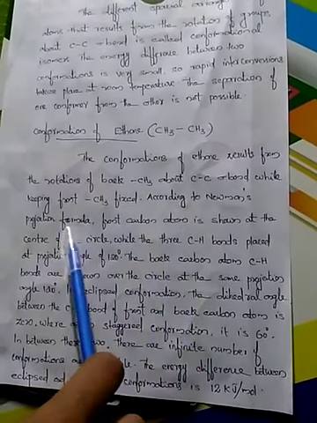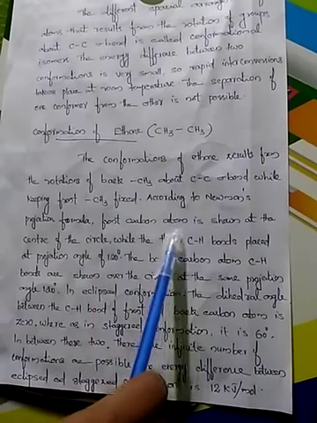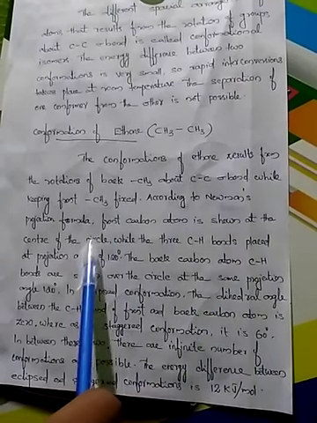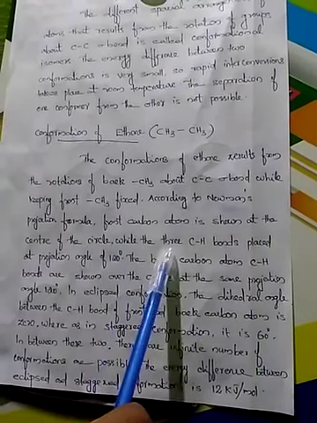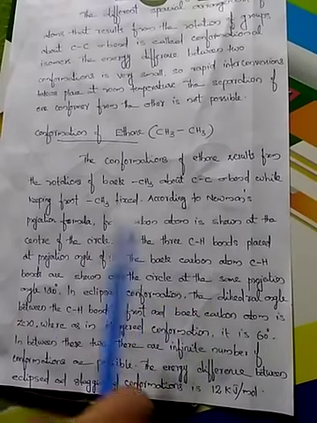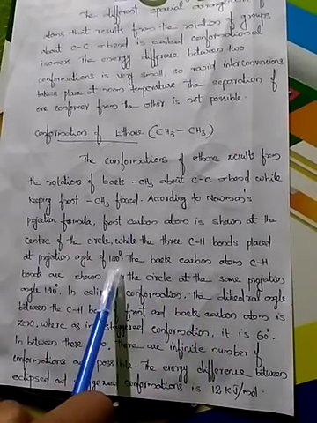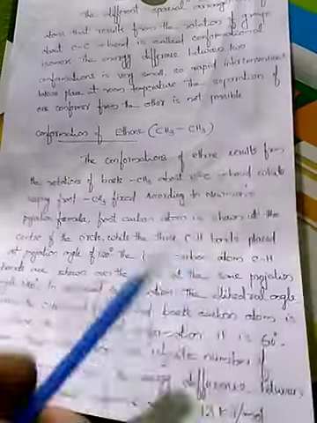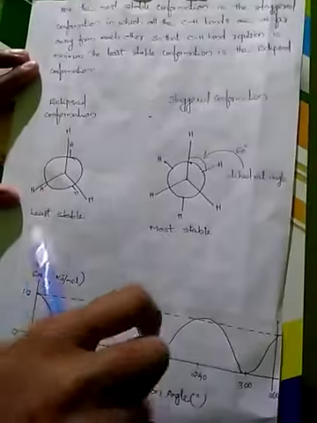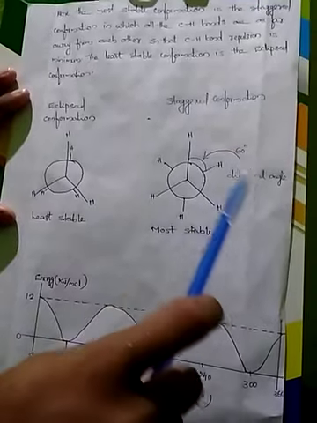According to the Newman projection formula, the front carbon atom is shown at the center of the circle, while the 3 CH bonds are placed at a projection angle of 120 degrees. This is the Newman projection, eclipsed and staggered form.